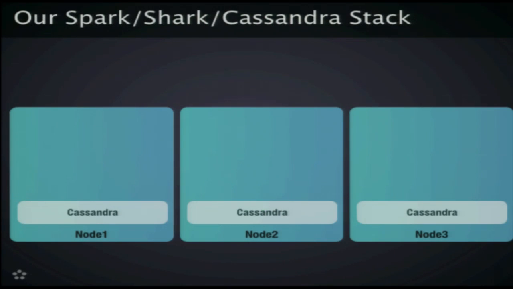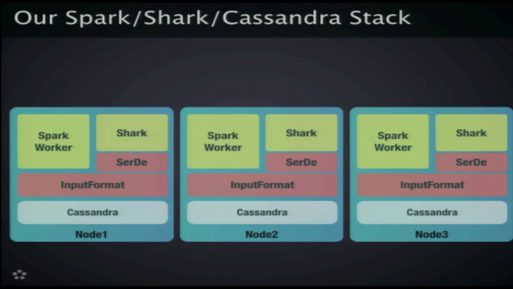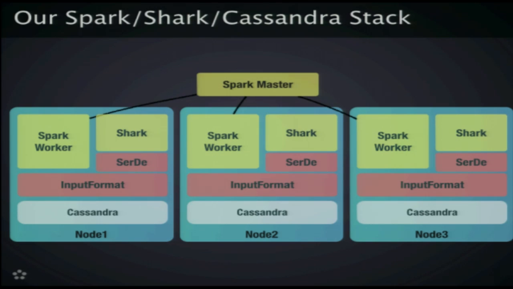Physically, we layer an input format on top of Cassandra to read data out. There's a SerDes that works with Shark, since you need a SerDes to work with Hive, and the input format works with Spark. On top of all that, you have a Spark master, or in Mesos, multiple masters. And then we have a job server that answers requests.